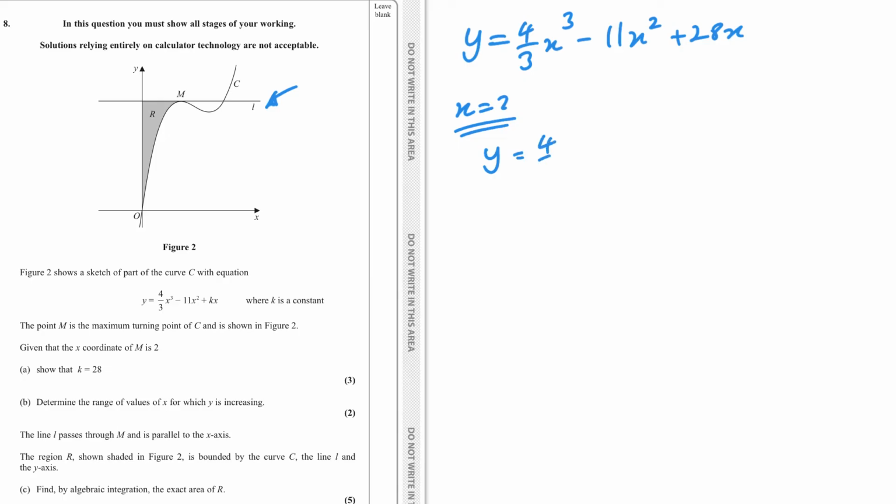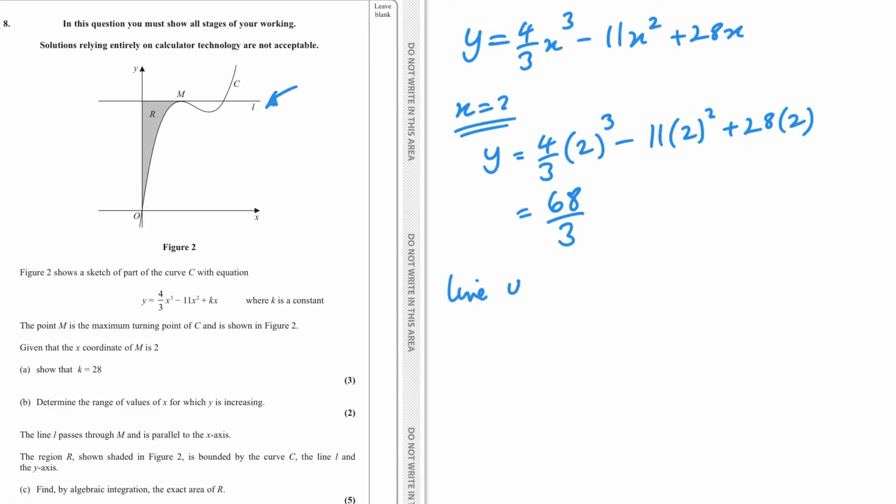So y equals 4 over 3 times 2 cubed minus 11 times 2 squared plus 28 times 2. And this gives me 68 over 3. So that is the y coordinate of m, and it also gives me the equation of the line.